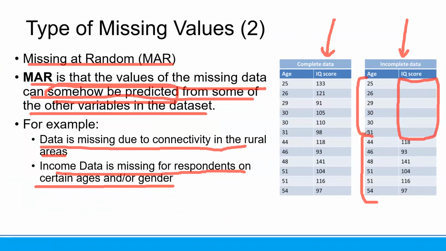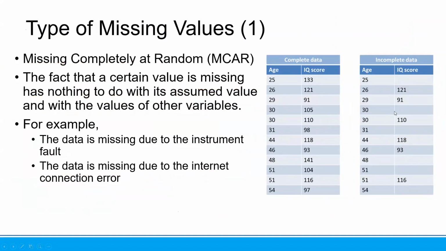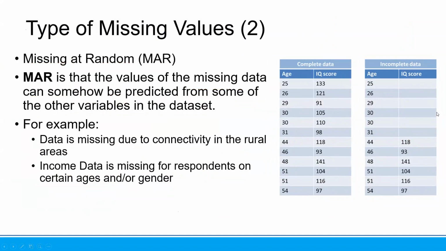So in this case, we can predict or we can say that the missing data happen to the young people. But in the previous example, we cannot see any pattern. It is totally random. But in this case, the incomplete data or the missing data, we can somehow predict. Okay, the youngers do not want to share the IQ score. Or maybe the young people, they do not do the IQ test.